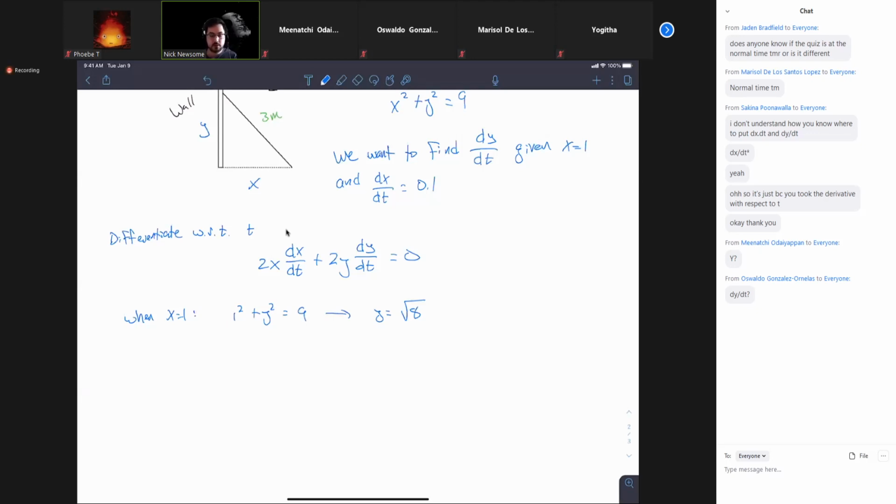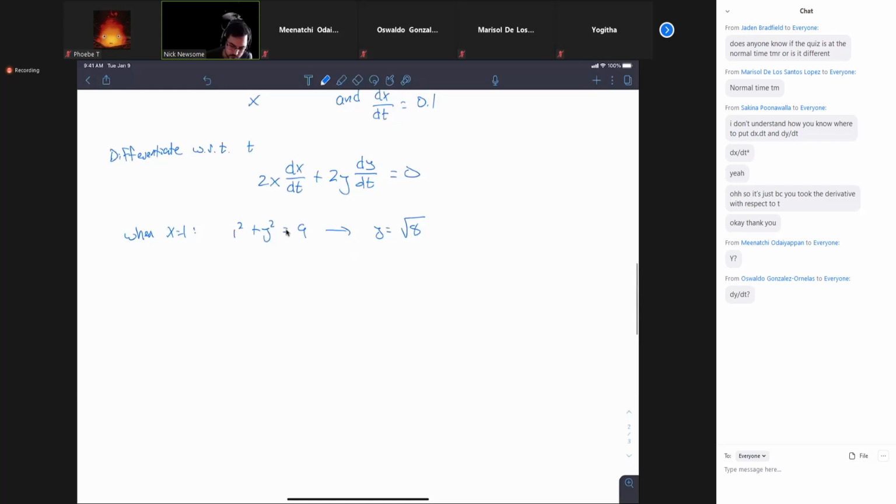Now I have all my information, so I can just plug it in. x is equal to 1, dx dt, and I don't like decimals, so I'm going to write 0.1 as 1/10. And y is the square root of 8.